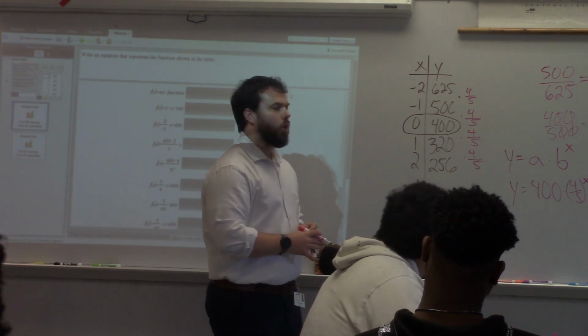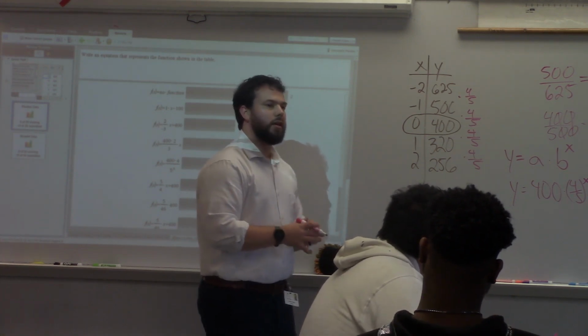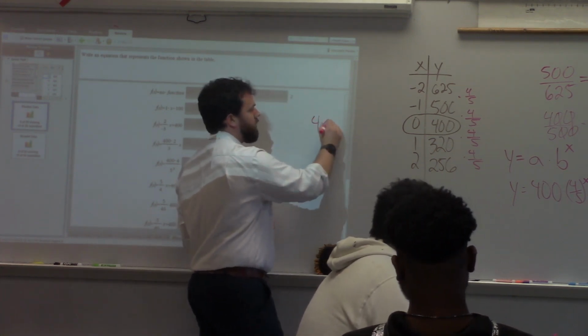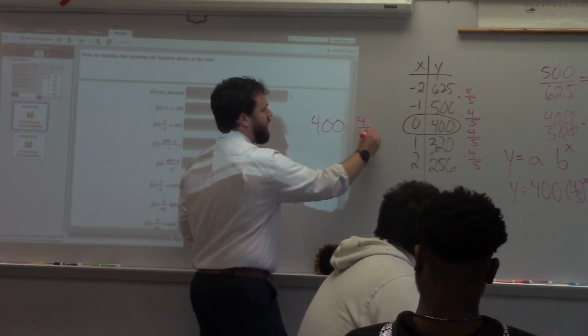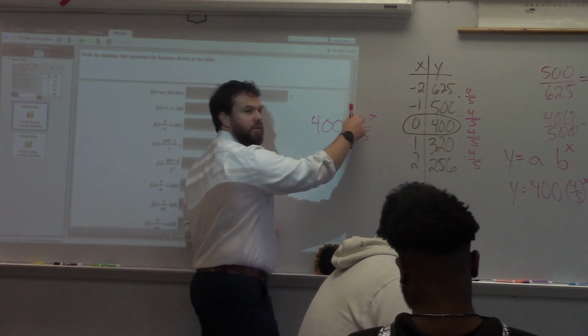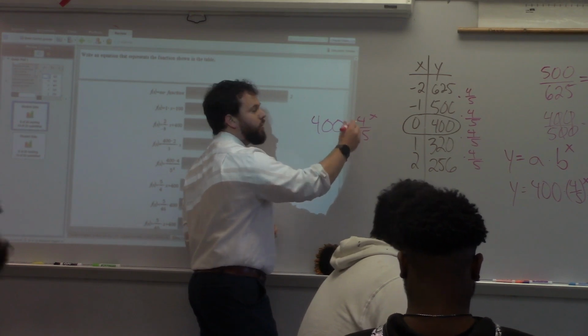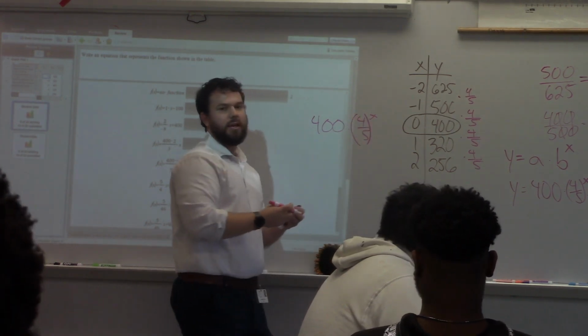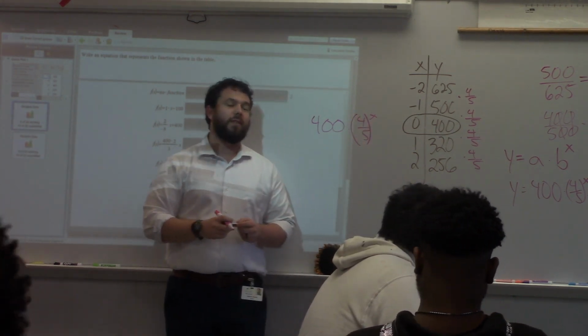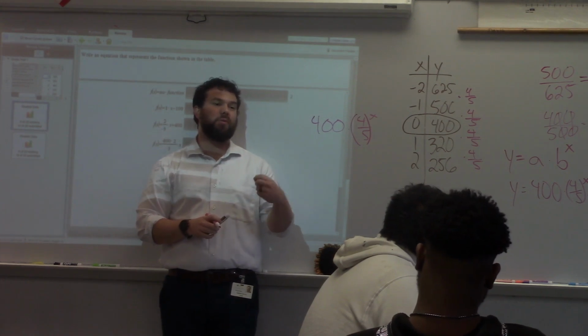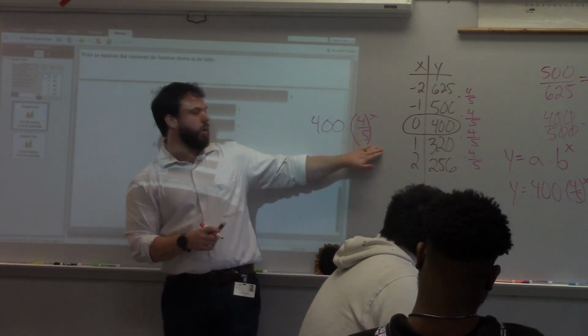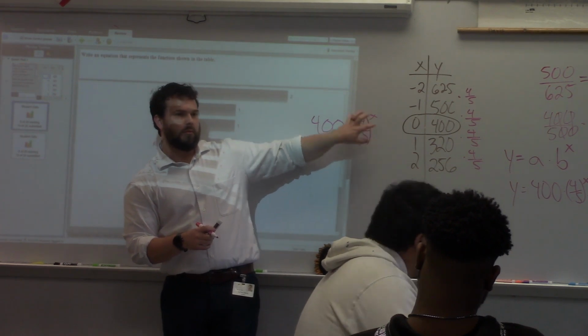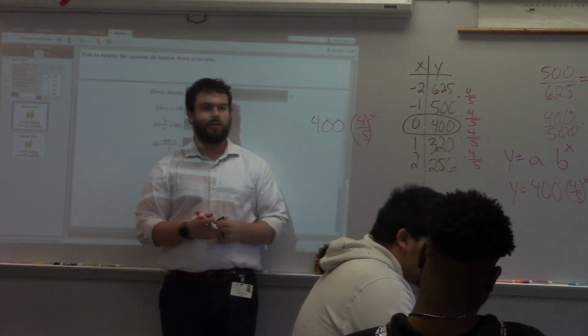So if you don't put parentheses around it, then this actually says that you're only doing 4 to the x, not 4/5. So you do want parentheses around it to indicate that that 4 is being divided by 5, because remember an exponent happens before division, but when I put parentheses around it, that puts the division first. Does that answer your question?